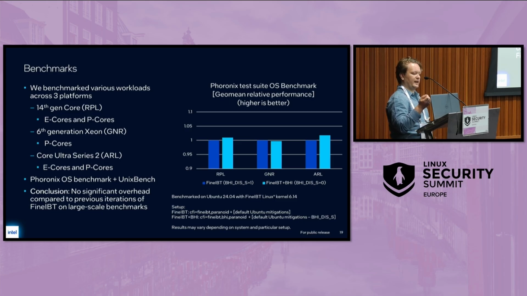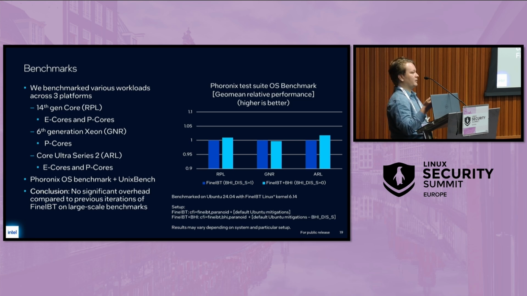The asterisk here is that these setups are ones that we consider equivalent from a security standpoint. The FineIBT setup has default mitigations on, so BHI dis-S is enabled, which currently Ubuntu has enabled by default, even with FineIBT.